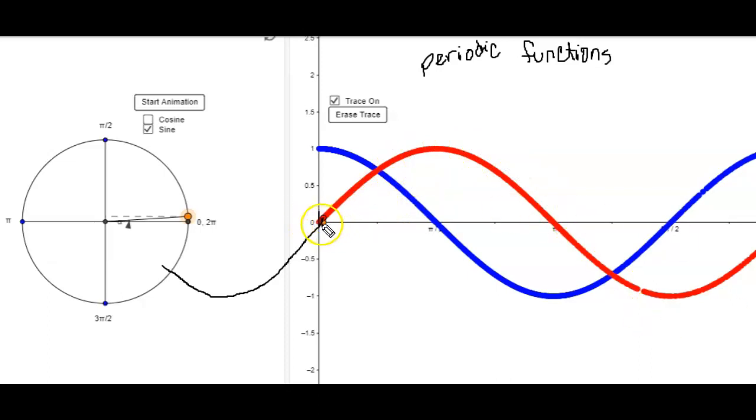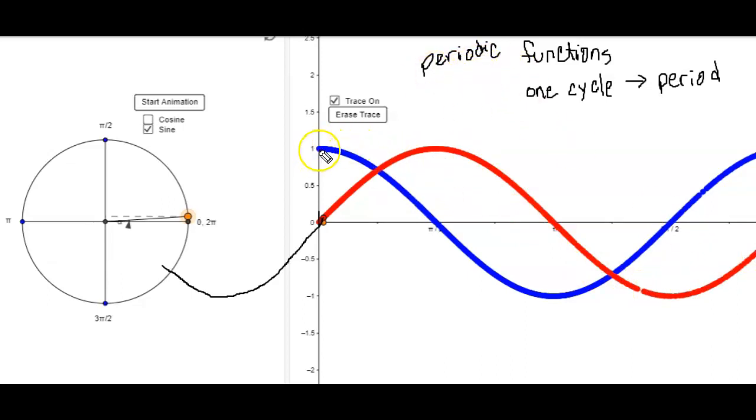So sine starts in the middle, goes up, goes down to the bottom, and then comes back up to the middle. One cycle or one trip around the circle is what we call the period of the function. That is one period of the function, thus periodic.